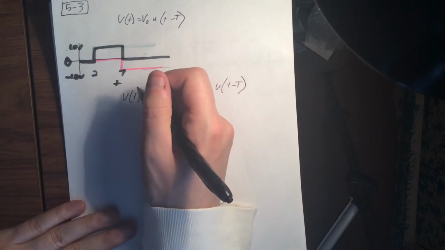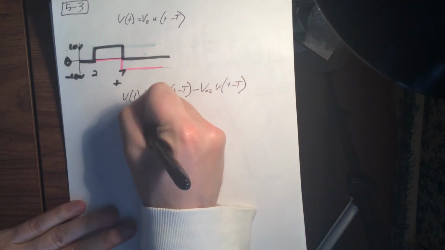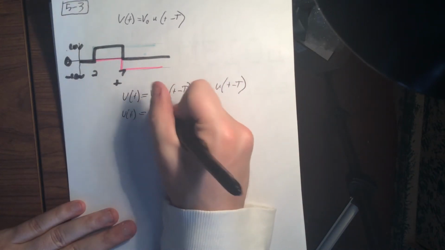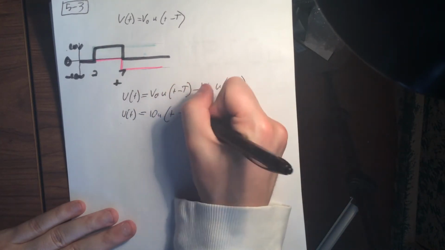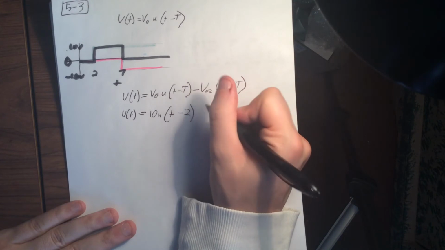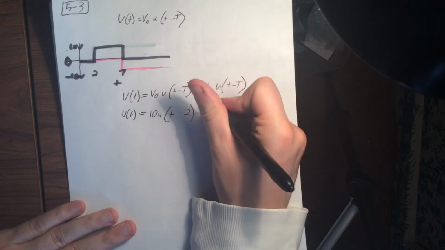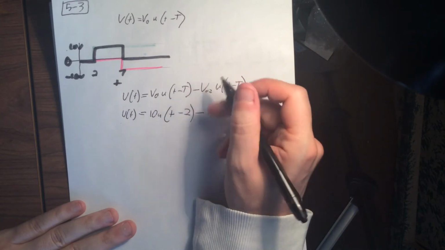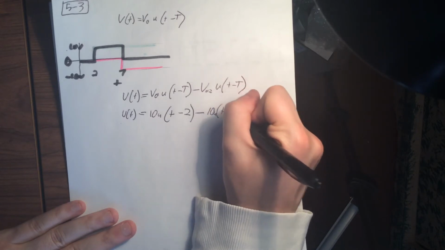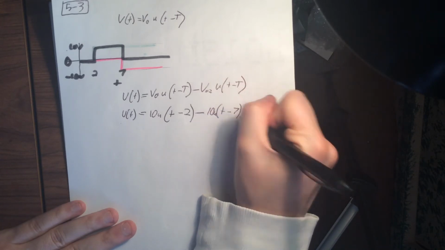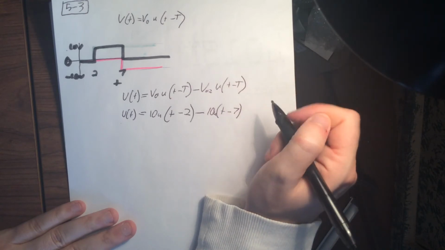So if we turn this on, we're going to get v(t) = 10, because that's our voltage, u(t - 2), because it's 2 μs, minus 10, because it's our negative pulse, u(t - 7). And that is going to give us our equation.